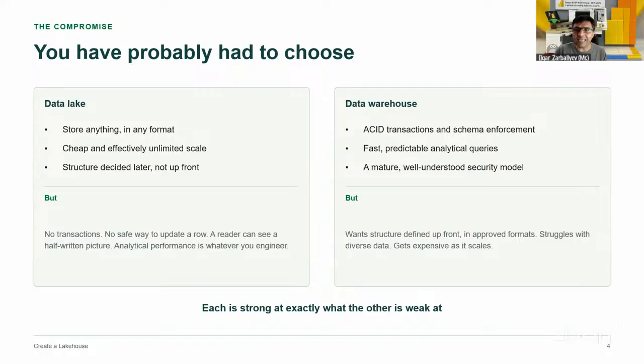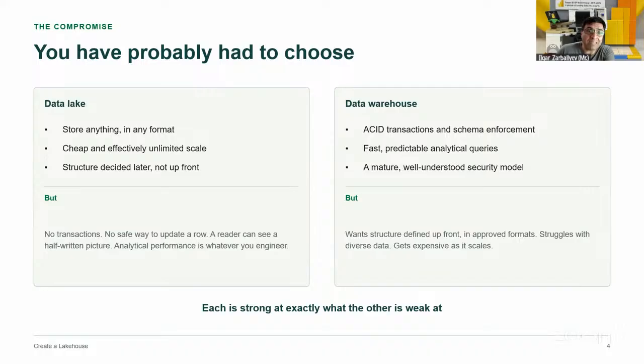On the right, a data warehouse, and it's almost the exact mirror image. Transactions, schema enforcement, fast queries, a security model that has been refined for 30 years. In exchange, it wants your data structured up front, in formats it approves of, and it gets expensive as you grow.